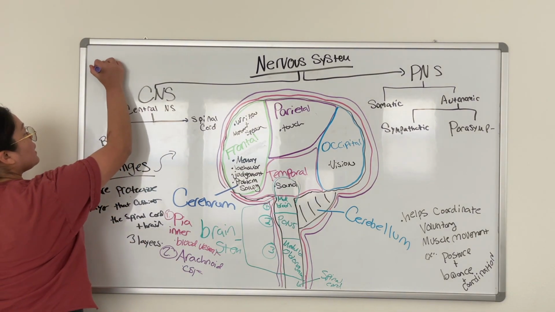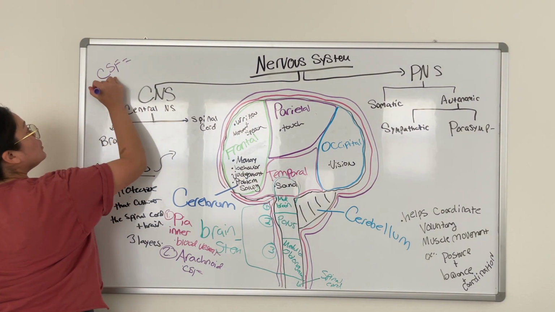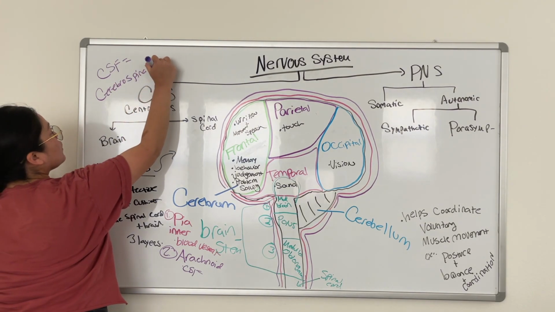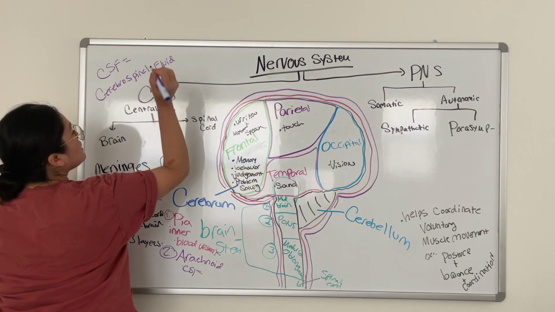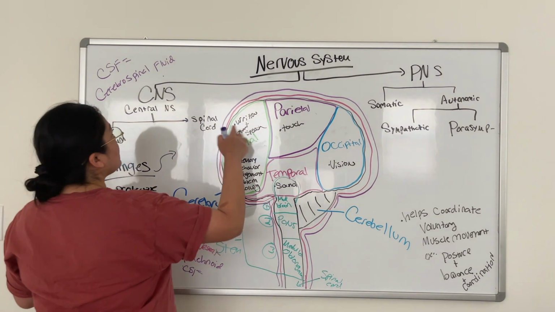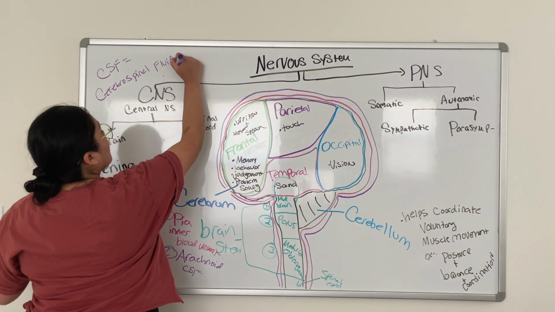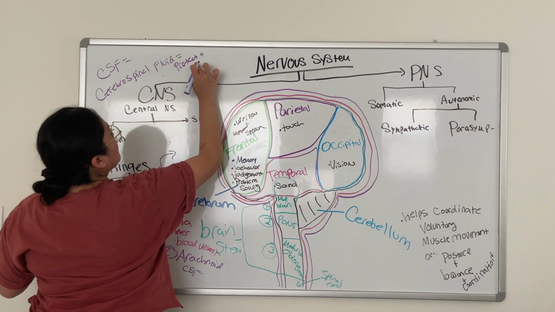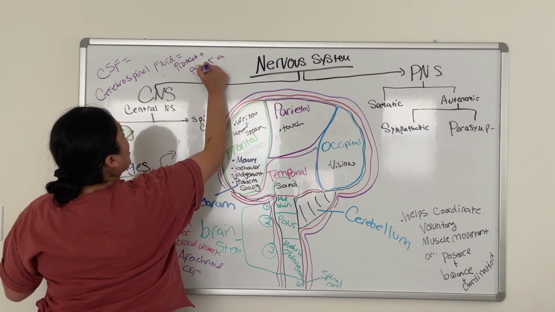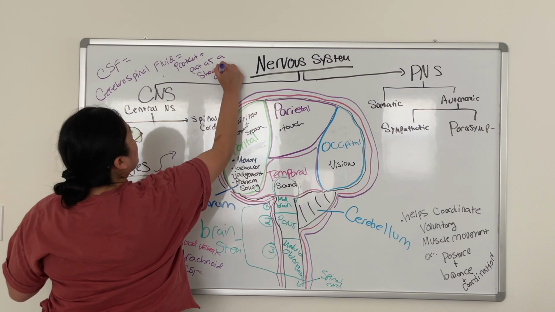I'm going to write it up here, okay? CSF, cerebrospinal fluid. And this stuff does the same thing that the meninges do. They protect and cushion the spinal cord and the brain, okay? So I'm gonna write protect and act as a shock absorber, okay?